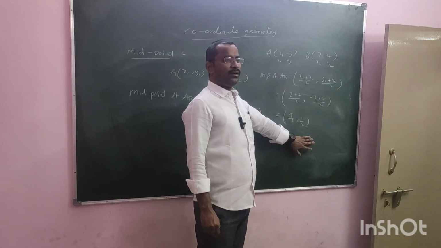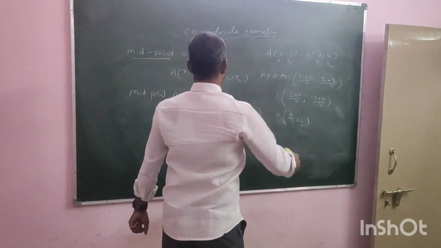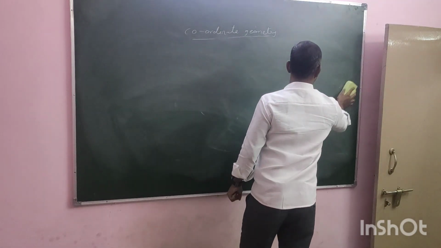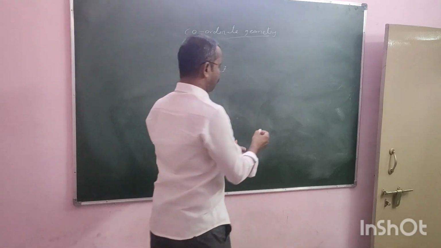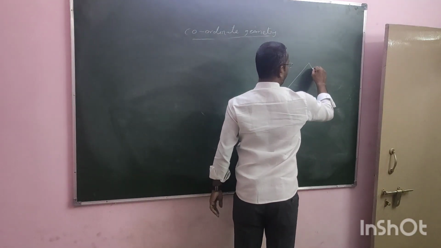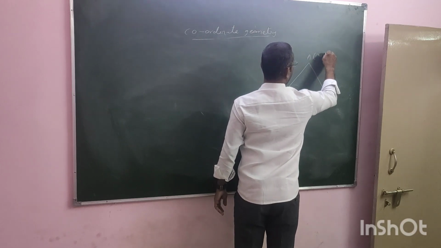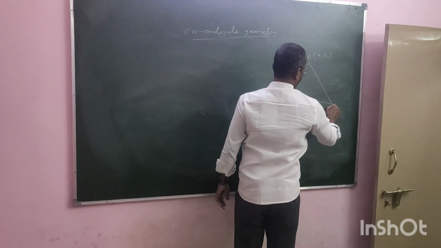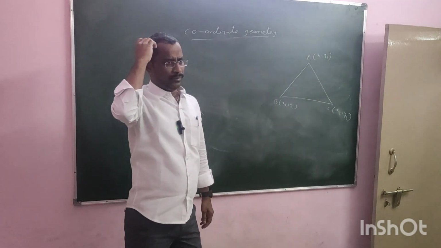Similar to the midpoint, there is a centroid, a point which is equidistant from the vertices. Centroid, a point at the center of the triangle. For example, take this triangle A, x1 comma y1, B, x2 comma y2, C, x3 comma y3.